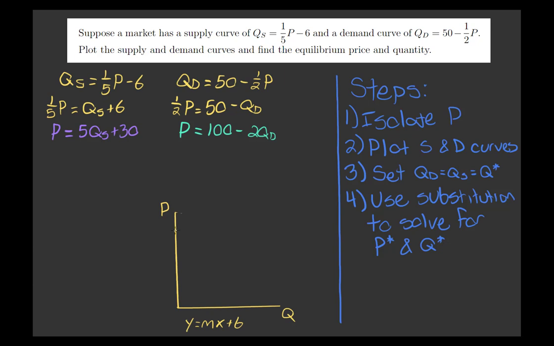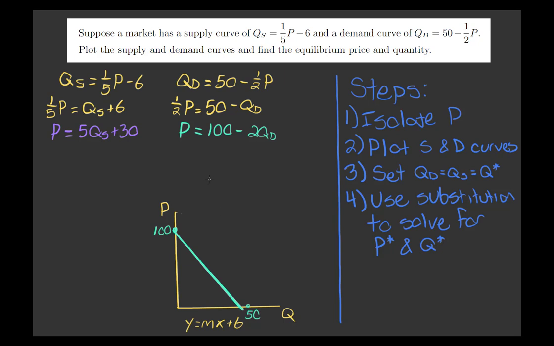So for the first point in drawing the demand curve, when QD is equal to 0, we get a price of 100. Then similarly, when P is equal to 0, we can solve for QD, which will be equal to 50. So this gives us 2 points for our demand curve, and since we know it's a linear equation, we can draw a straight line to connect these points.